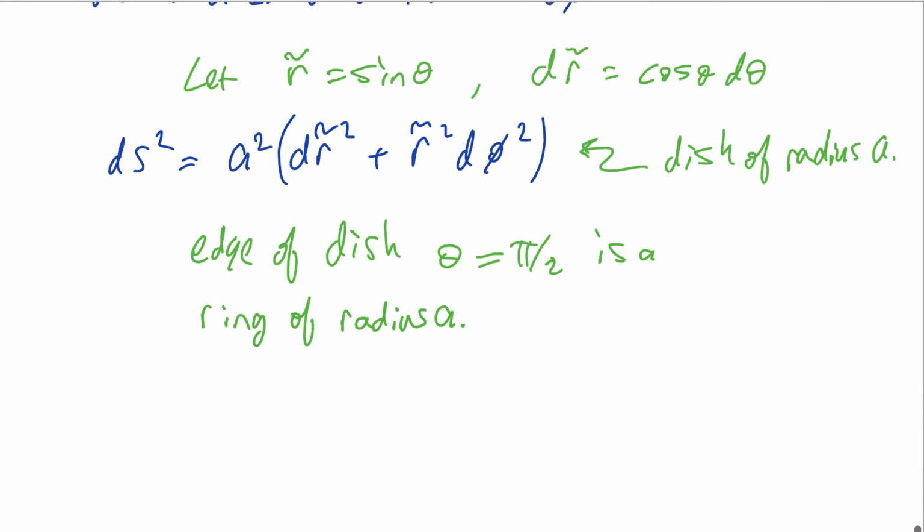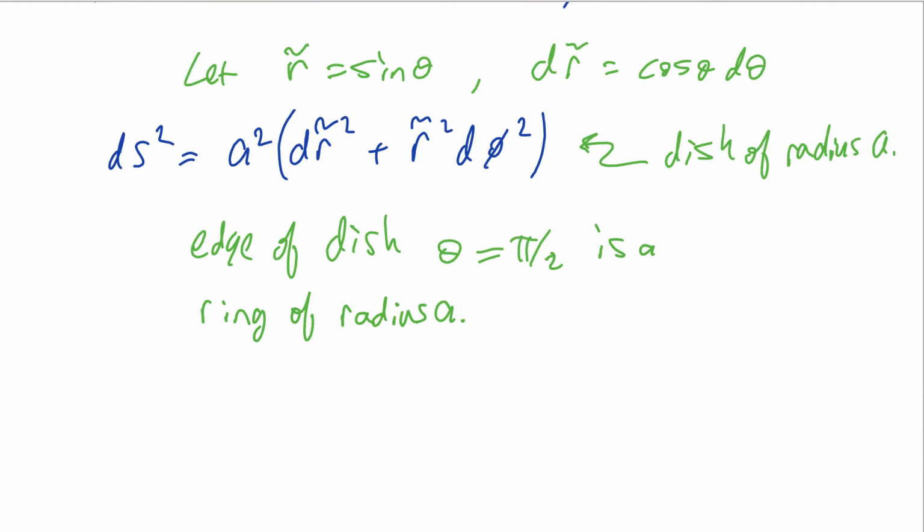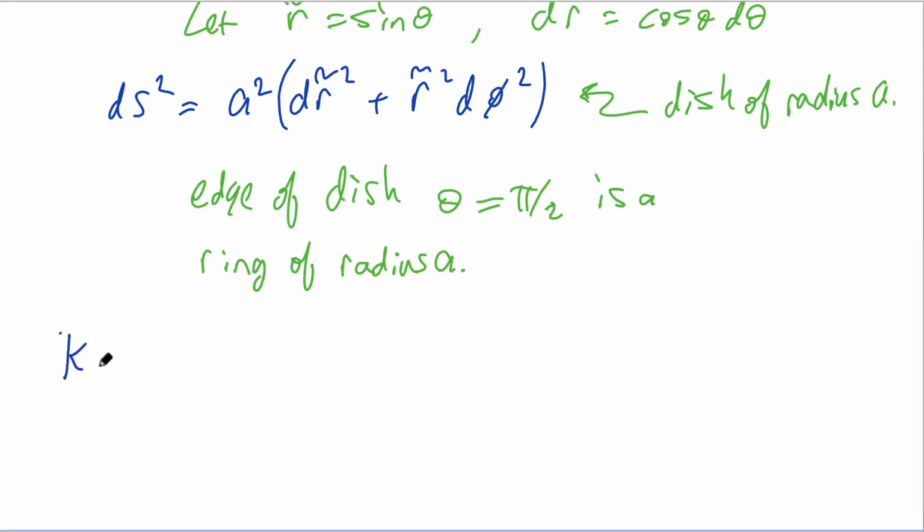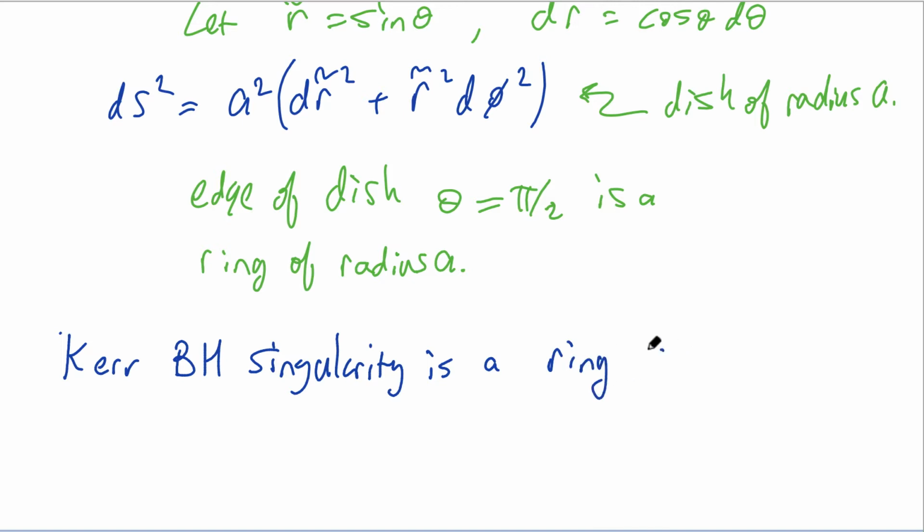So this is referred to as the ring singularity. The singularity of a Kerr rotating black hole is called the ring singularity.